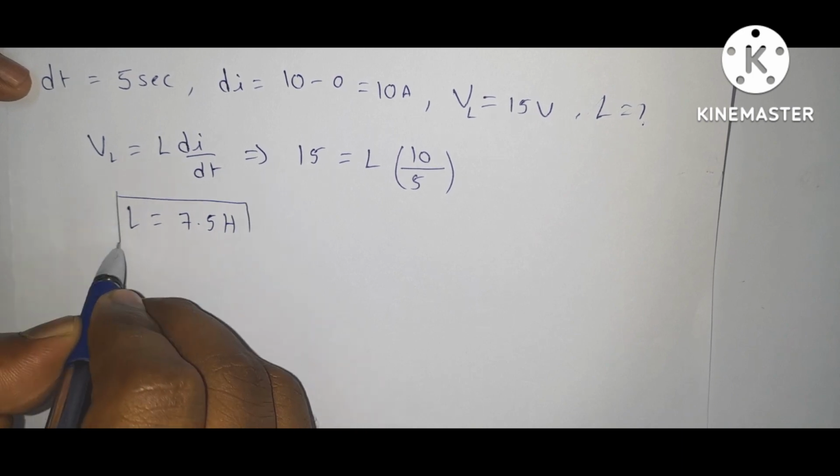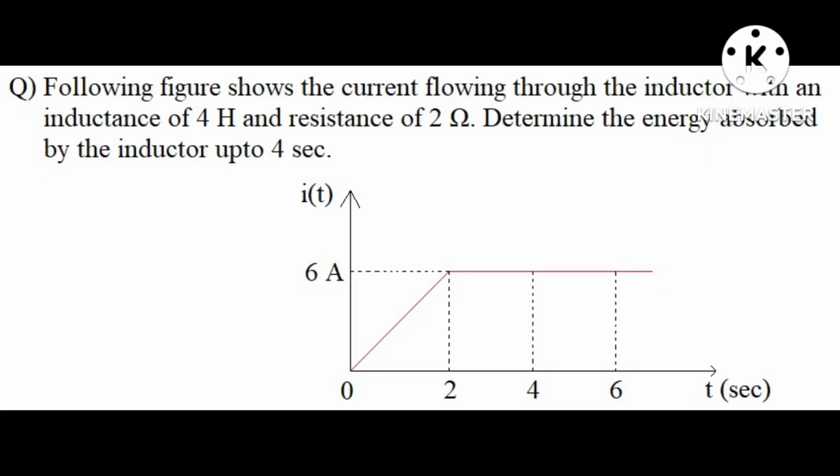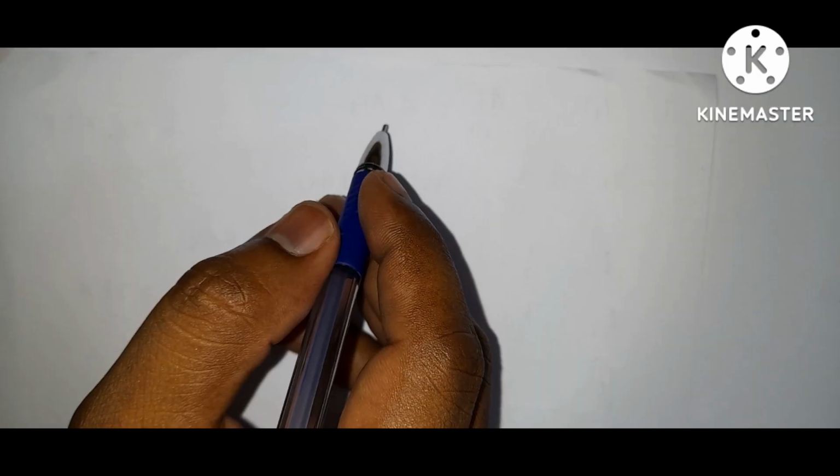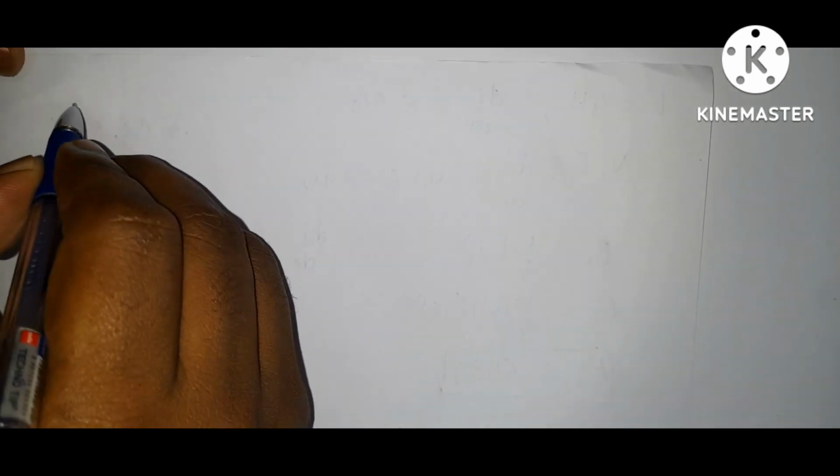Next question. The following figure shows the current flowing through an inductor with an inductance of 4 Henry and a resistance of 2 ohms. Determine the energy absorbed by the inductor up to 4 seconds. In this problem, they have given a lossy inductor.